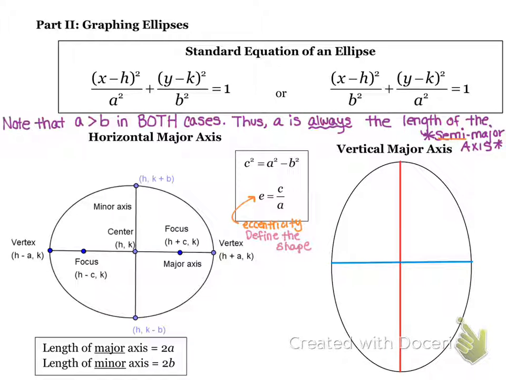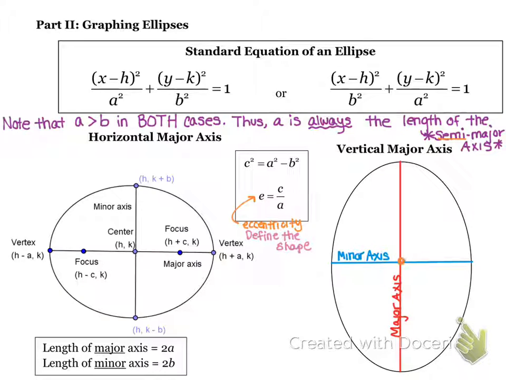Now, my major axis is the longer one, so my major axis is going vertically. And my minor axis is going horizontally.